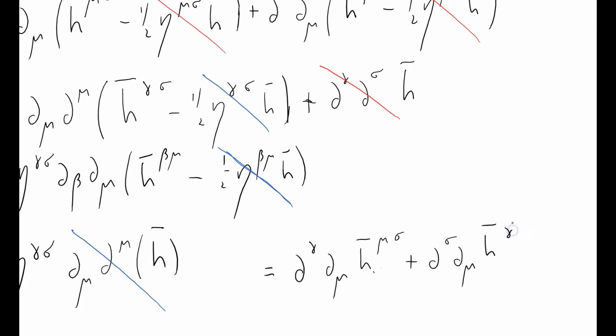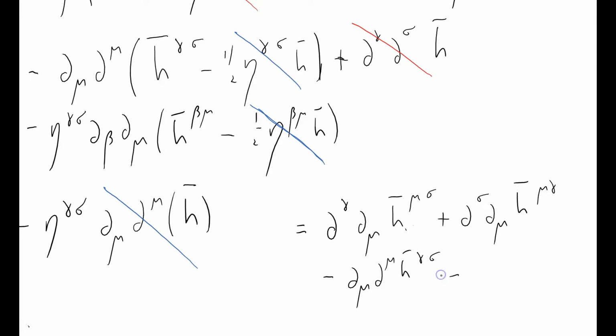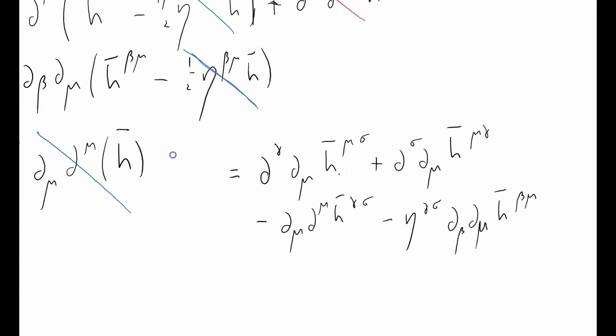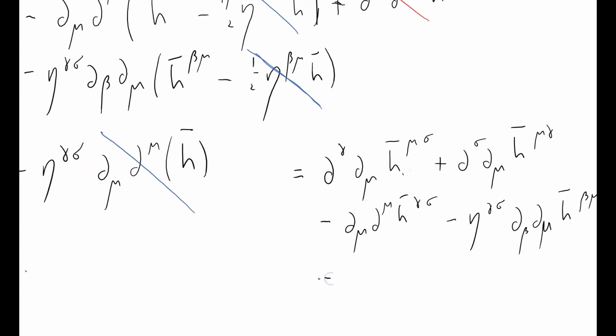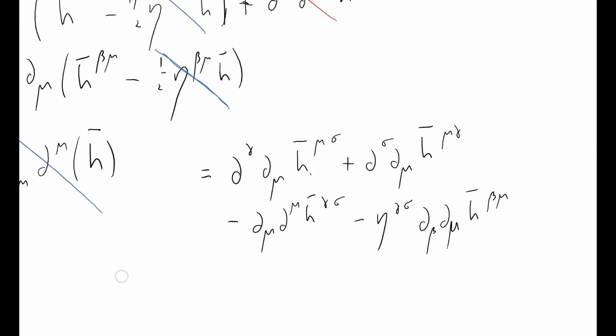H bar, oops, that's not γ. μγ, which is that term there, minus ∂μ upstairs, h bar γσ, those terms have gone, minus η γσ ∂β ∂μ h bar βμ, and the last term is this one, which is a minus η γ, no, it's a delta σ, oh no, the last term's gone. The last term's gone. 1, 2, 3, 4 terms.